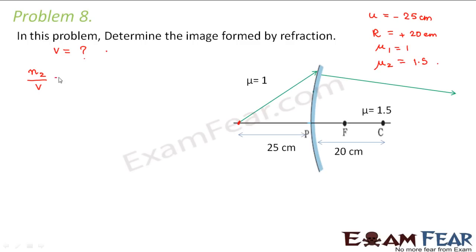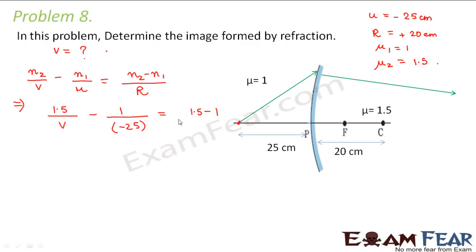We found that N2 by V minus N1 by U is equal to N2 minus N1 divided by R. Putting the values, 1.5 divided by V minus 1 divided by minus 25 is equal to N2 minus N1 divided by R. So we get 1.5 divided by V plus 1 by 25 is equal to 0.5 divided by 20.